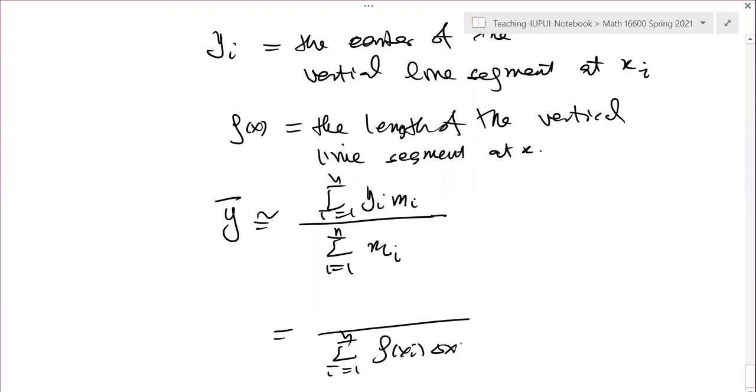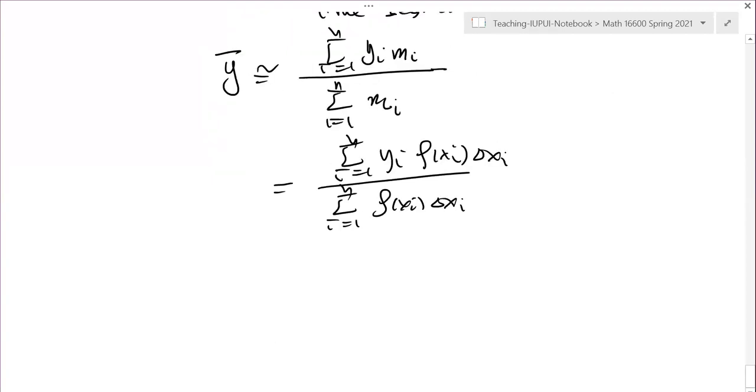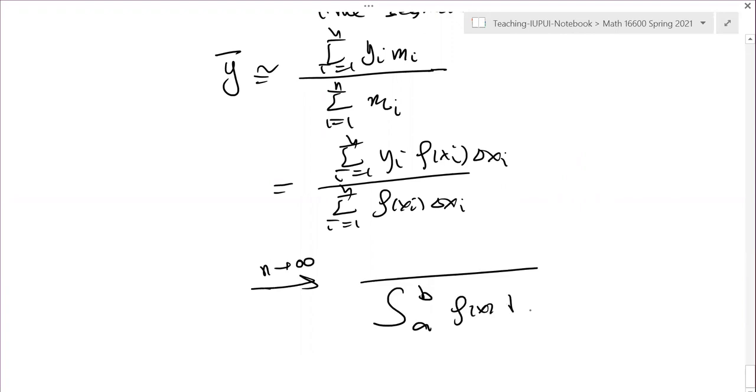So this is going to be yi rho xi delta xi. If you take the limit, you get the integral. The limit as n approaches infinity, the denominator is still going to be the integral of rho of x dx.